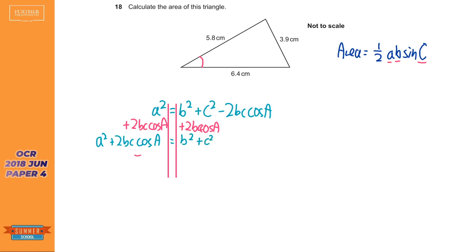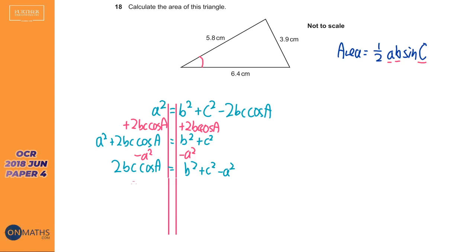Then we're going to take away the a squared. So we've got 2bc cos A equals b squared plus c squared minus a squared. And I never do these lines long enough, always optimistic I can get it done quicker. Then we're going to divide out the 2bc.